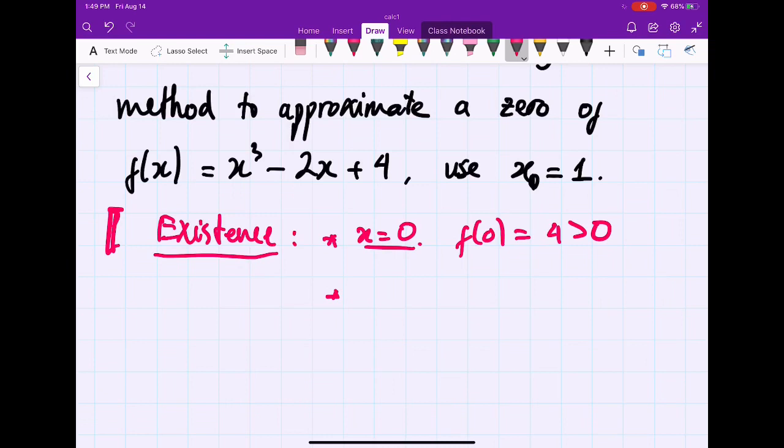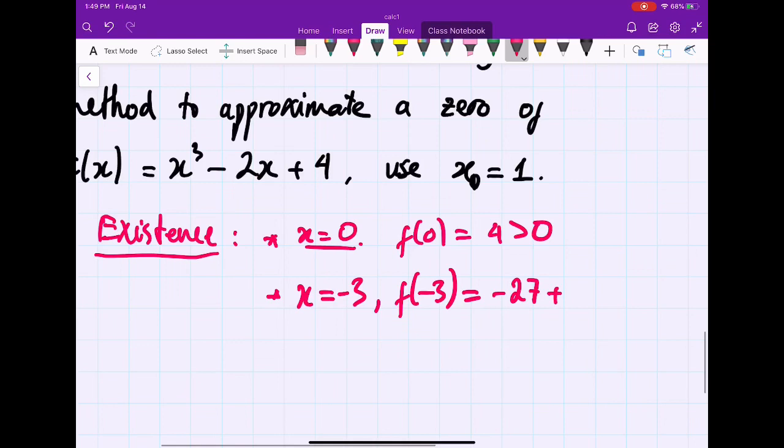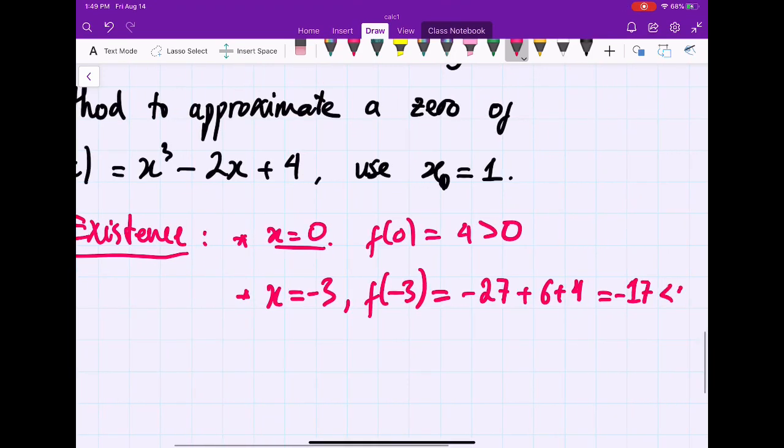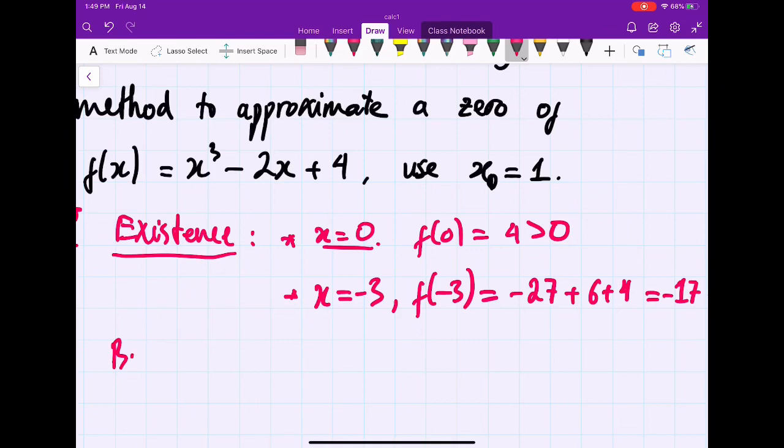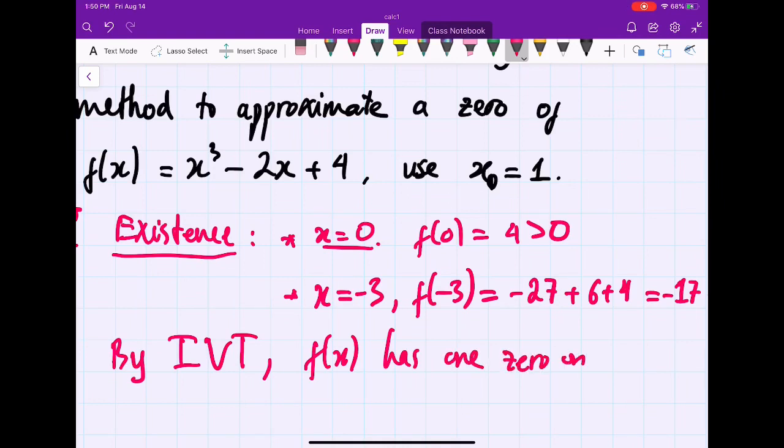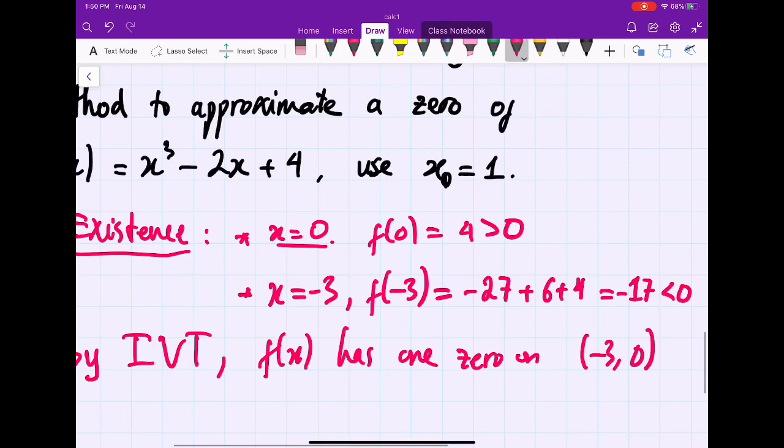For example, negative 3. When you pick x equal to negative 3, f of negative 3 is equal to negative 27 plus 6 plus 4, and that is negative 17, less than 0. So by the intermediate value theorem, f of x has a zero on negative 3 and 0.